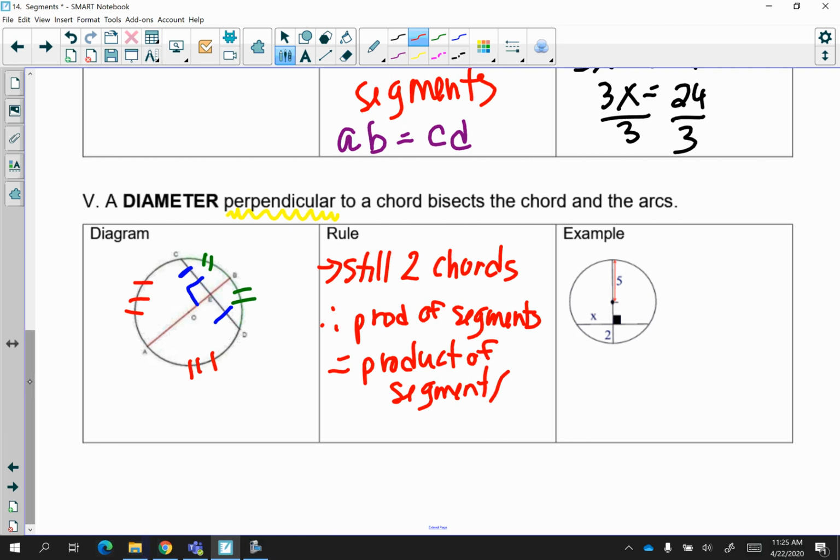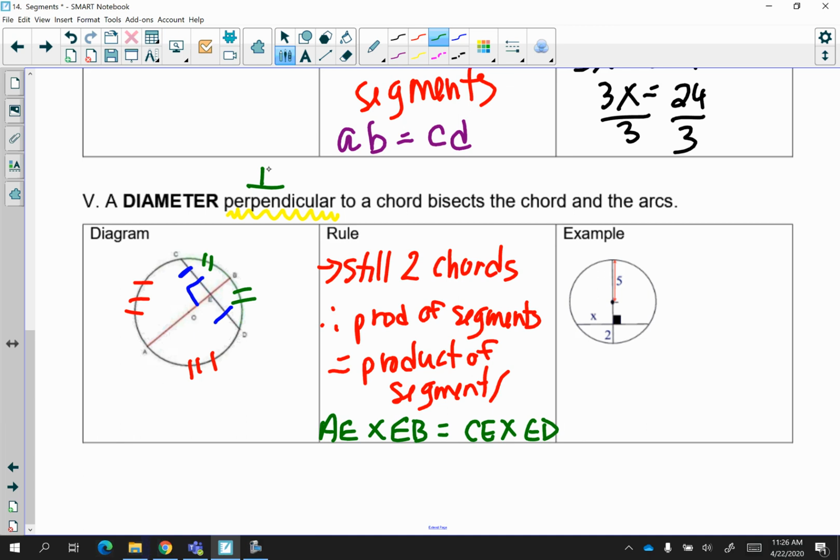So in this case, AE times EB is going to be equal to CE times ED. Remember that perpendicular gives us the congruent right angles. So let's take a look at our example here.